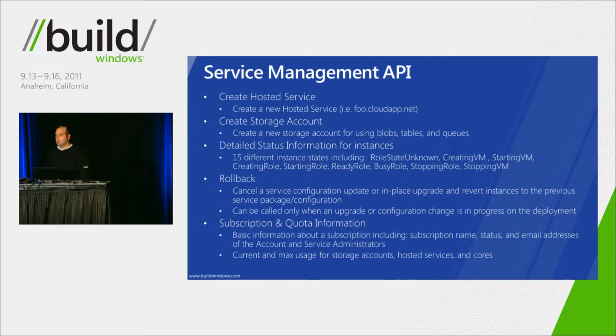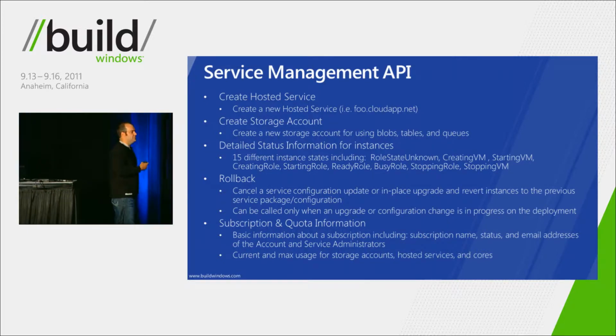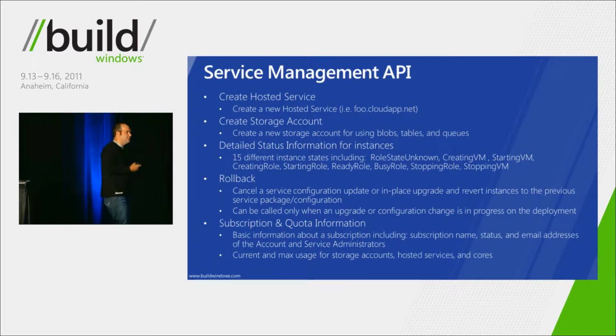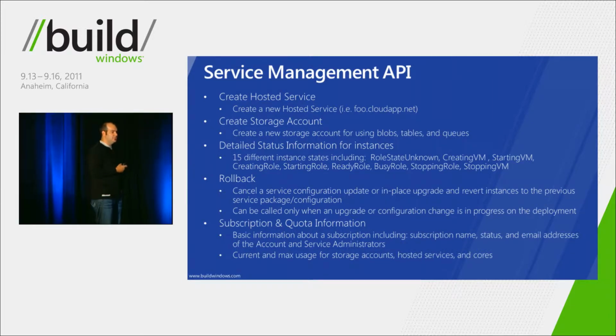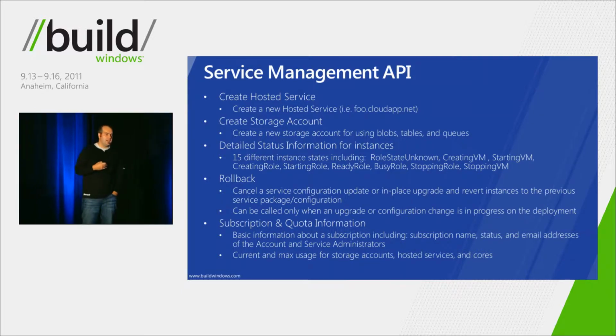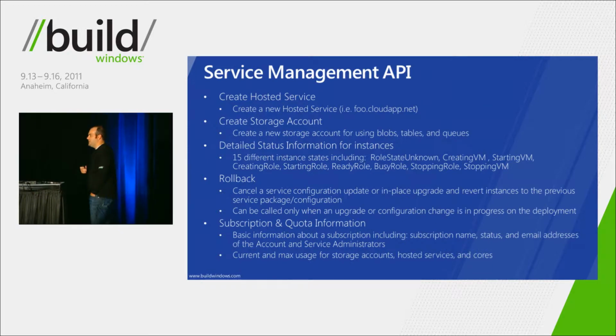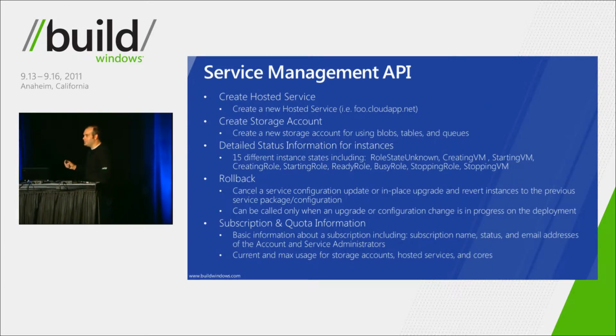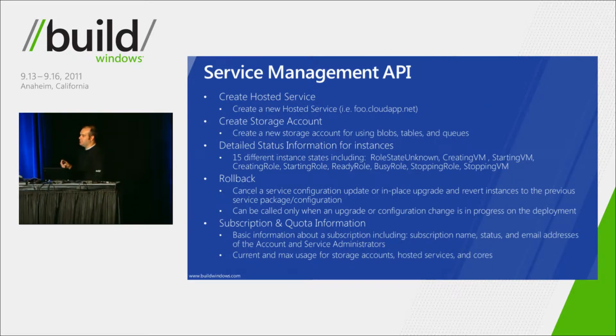Another key thing that we're introducing today is more detailed status information for running instances. So you may notice in the portal as you deploy an application out into Windows Azure, there are a lot of different states it goes through, 15 to be exact. We're exposing all of those different instance states now directly through the APIs. So again, you can get more insight into what is happening for your compute instances.